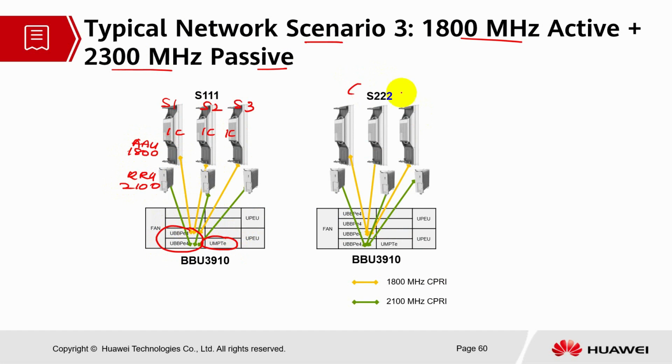For the second scenario, each sector has 2 carriers. For this scenario, the AAU model is referring to 1800, and the RRU model is referring to 2300. So we need 4 UBBP E4 and 1 UMPTE. The BBU is the same, we are using 39110.